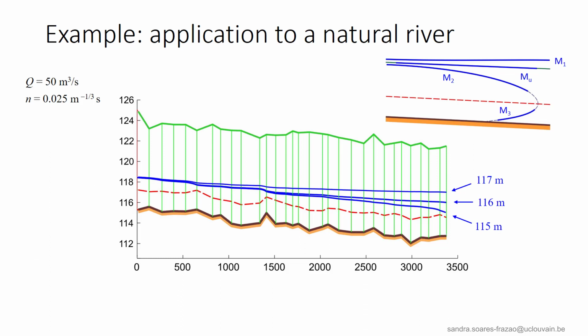If we compare these three water profiles to the M1, M2 and M2 profiles, we can see that we have overall a similar tendency, and we can consider that the upstream water depth represents a kind of equivalent uniform flow in this natural river. It is also interesting to notice that the upstream level is independent of the downstream conditions, at least for a certain range of downstream conditions.